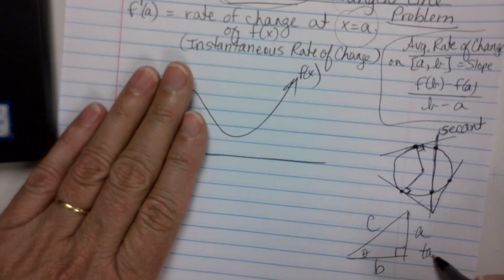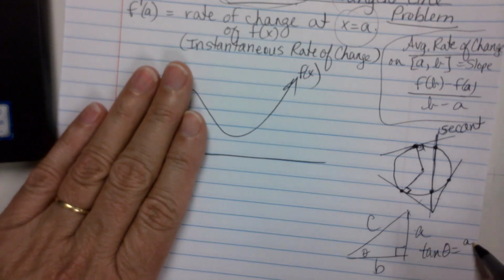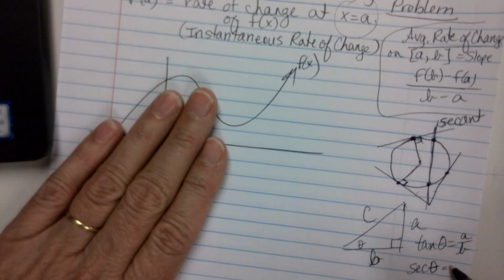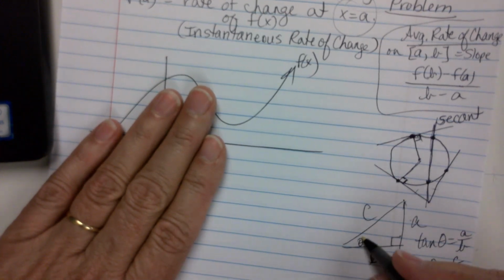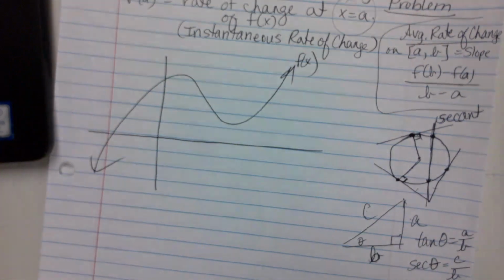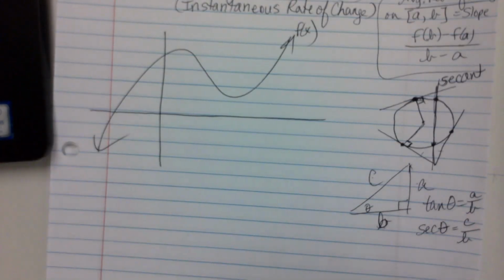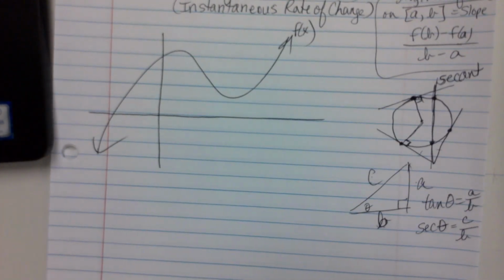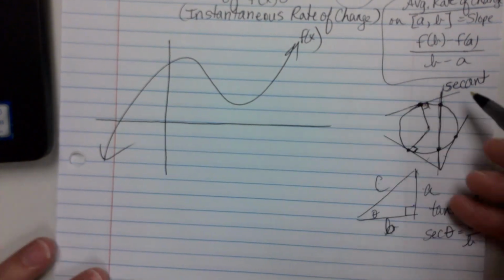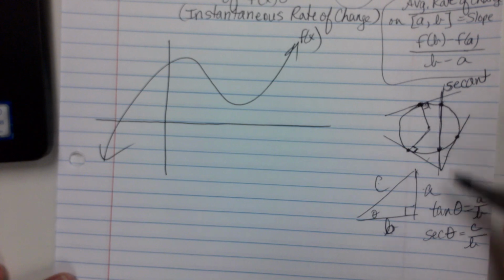The tangent of theta is opposite over adjacent. The secant of theta is what? Hypotenuse over adjacent, yeah. So, again, why? I don't know. They're not related to each other, I don't think. I can't relate them to each other.